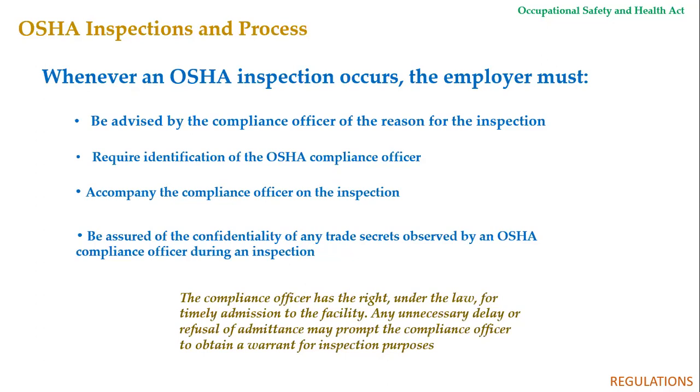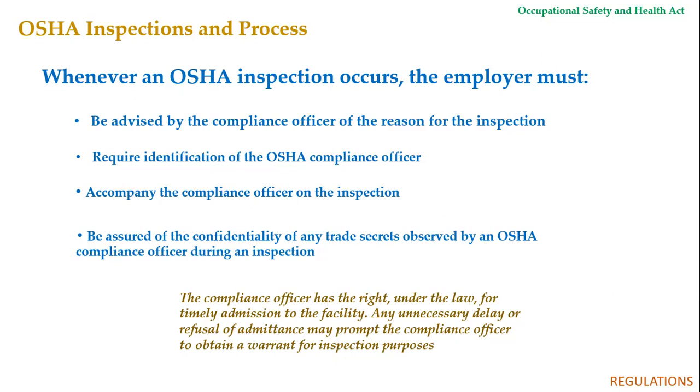So now, what are the OSHA's inspection and the process? So whenever an OSHA inspection occurs, the employer must be advised by the compliance officer of the reason for the inspection.